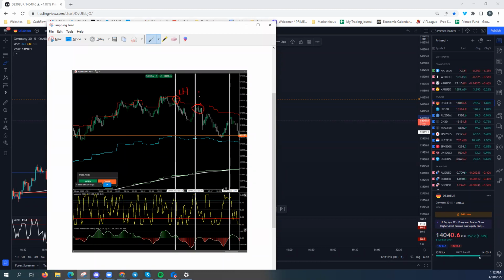Pullback, lower high. Hook, hook. There's another hook here, right? I didn't map that one in, but that's pullback, another lower high. Boom, pullback, lower high. If we sat here from 10:13 a.m. until 11:05, just under an hour, we could have made money here.